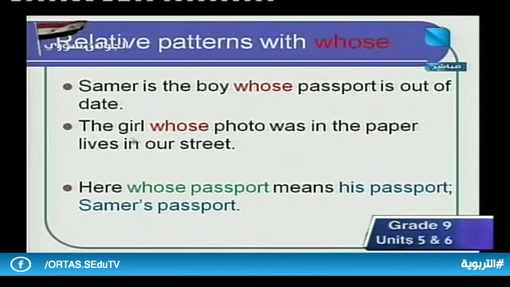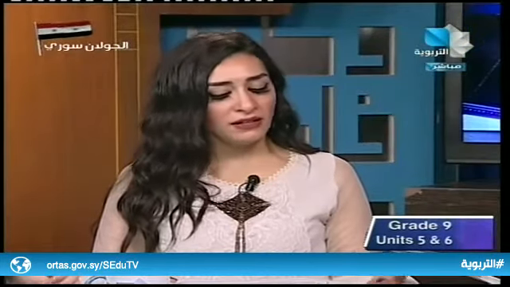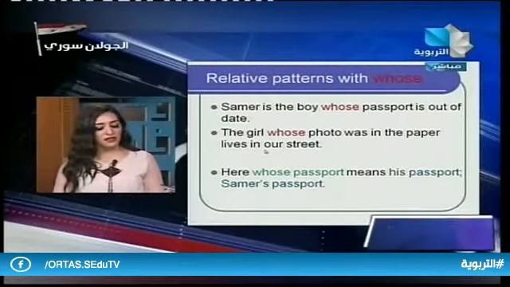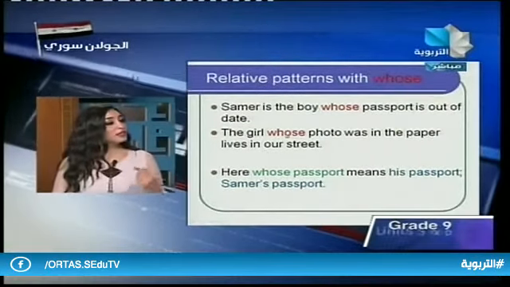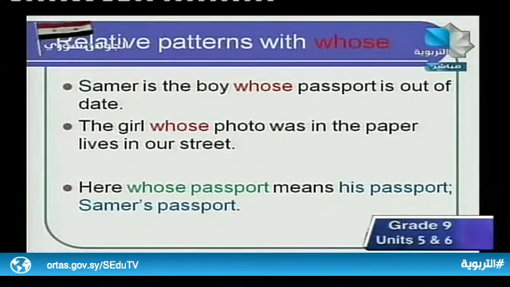Again, another example. The girl whose photo was in the paper lives in our street. The same thing, whose photo, here we can replace whose with her, so we can say her photo was in the paper, or in the newspaper, and the girl lives in our street. So when we try to connect or join them in one sentence, we need to replace her with whose.